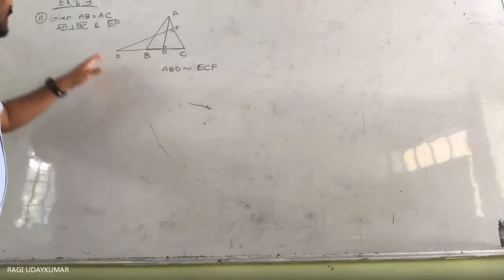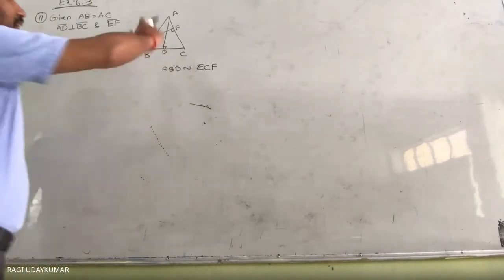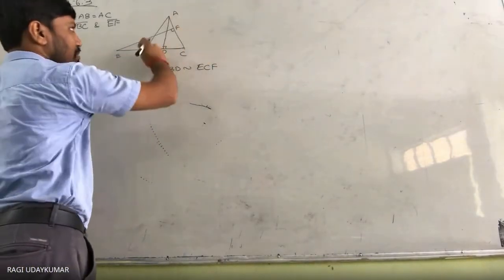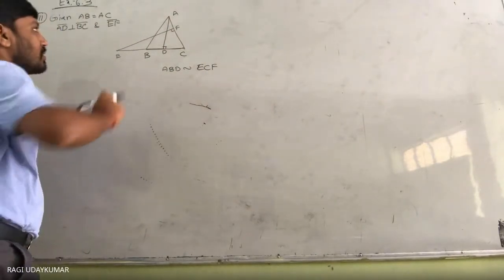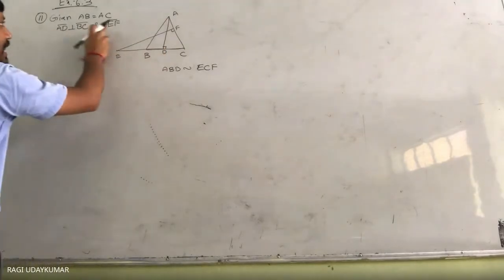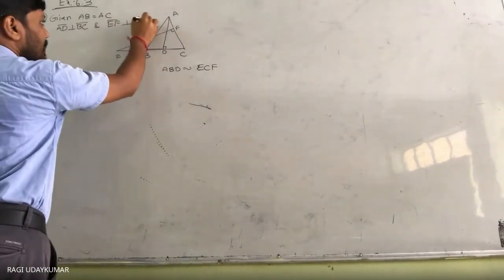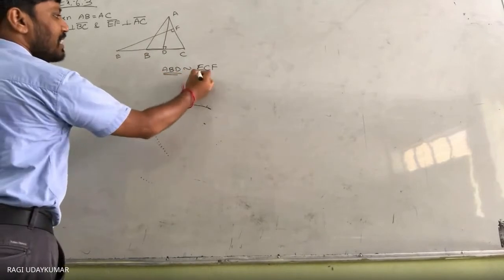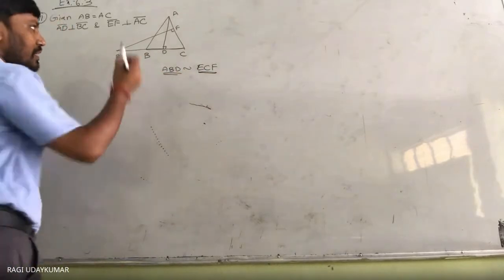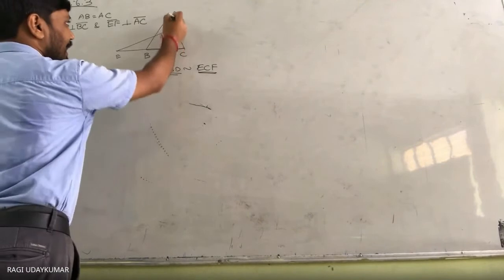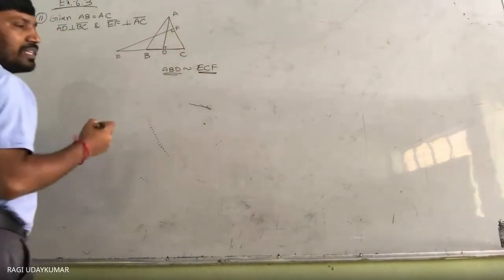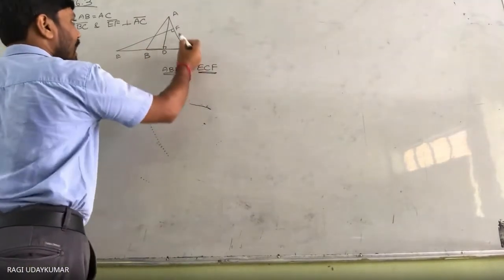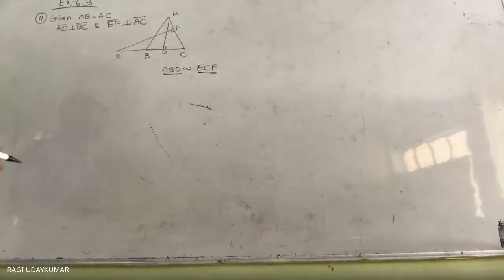Okay, sir. So here, triangle ABC is an isosceles triangle given, and AB is equal to AC. So AD is perpendicular to BC and EF is perpendicular to AC. And it is asking you to prove that triangle ABD is similar to triangle ECF.